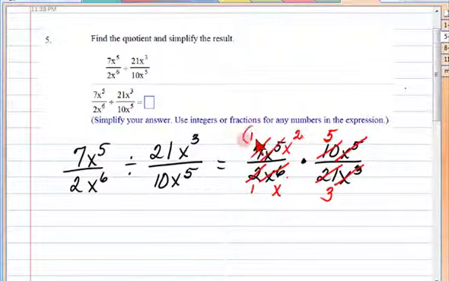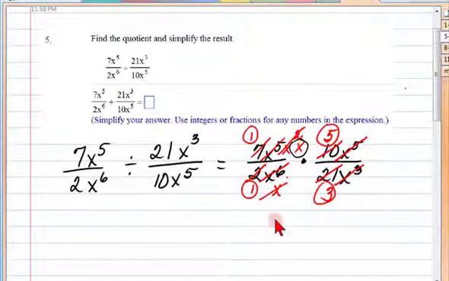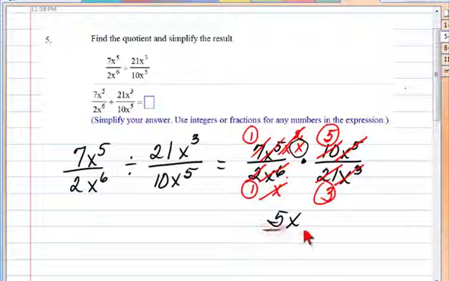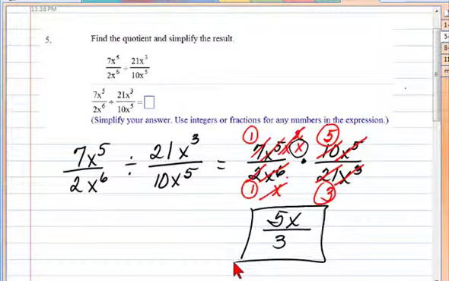I took care of my numbers, and I've taken care of my variables, but I still have an x to the second over an x. So can I still reduce further? Yes. This x divides out with one of these x's, leaving me an x up there. So what in the world do I have left? I have 1 times x times 5, which is 5x over 3. Would you get the same answers if you do up and down? Yes. You could do up and down x's and then see if there are any diagonals left.